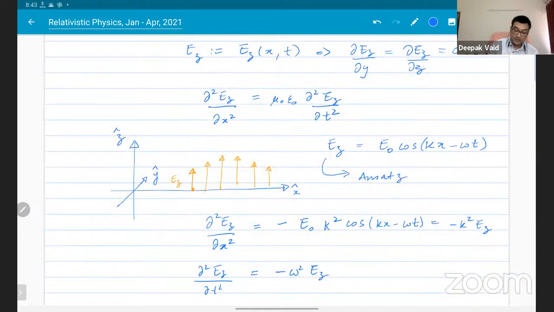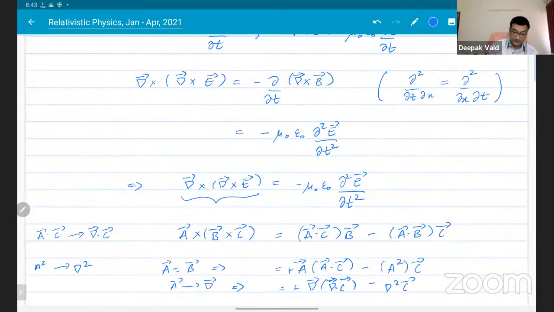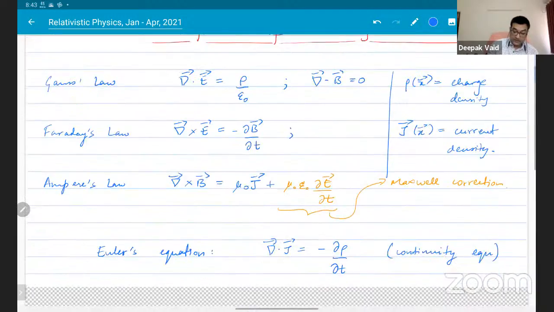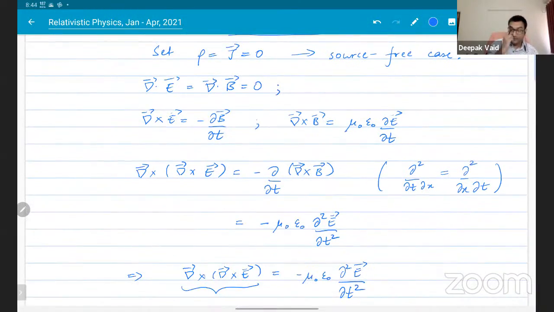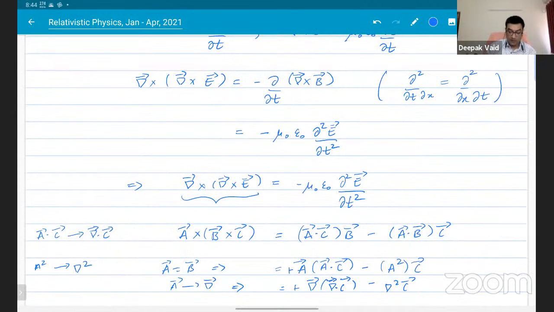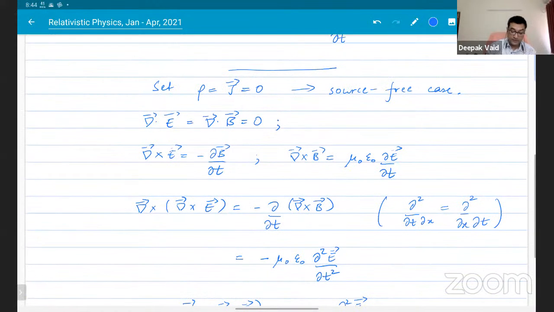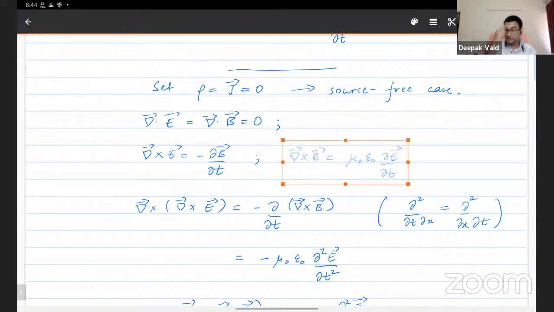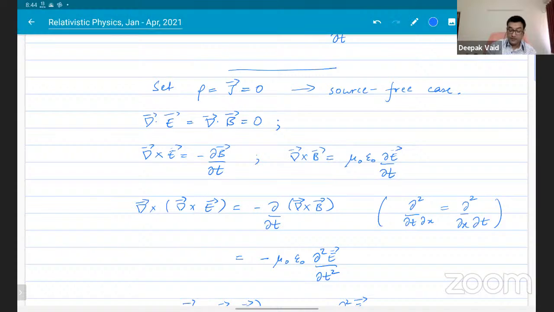So what are Maxwell's equations telling me? Maxwell's equations are telling me that in free space, when there are no sources, electric fields, and I can repeat the same procedure with magnetic fields also. Instead of this I can substitute this expression. I can take the curl of this equation and repeat the same steps.